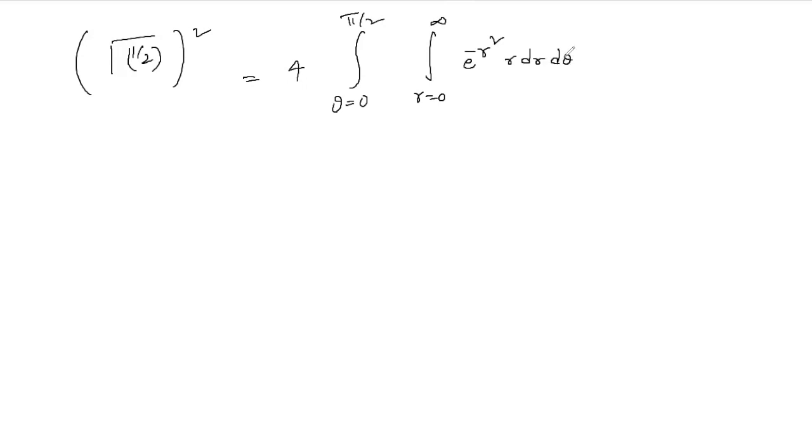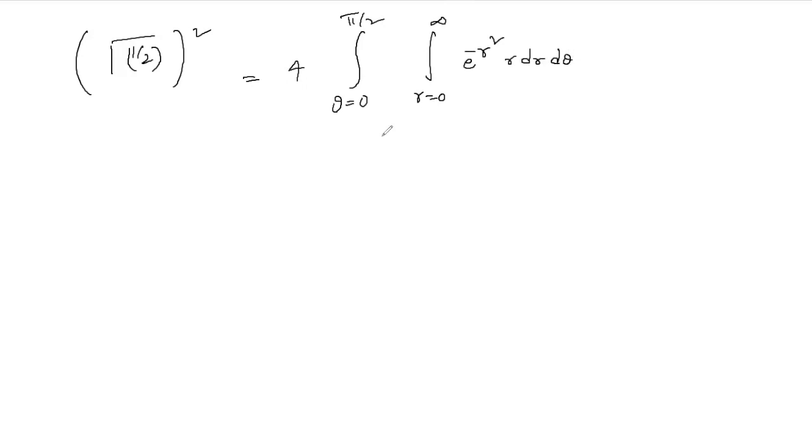Gamma half whole square is equal to 4 times the integral for theta 0 to pi by 2, and r 0 to infinity, e to the power of minus r square r dr d theta.